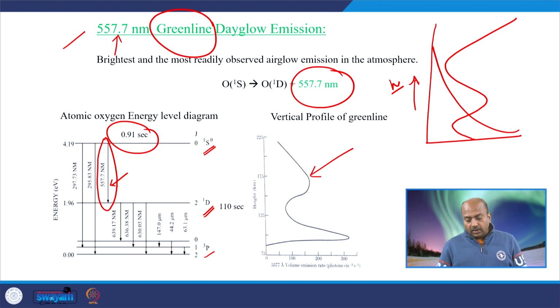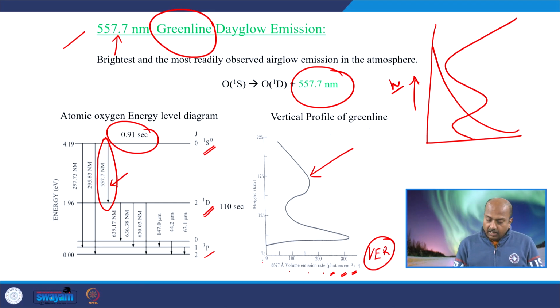On the x-axis you have the 5577 angstrom volume emission rate, which we call VER, which is basically the number of photons per cubic centimeter per second. It is the number of photons that can be seen in a unit volume per second.